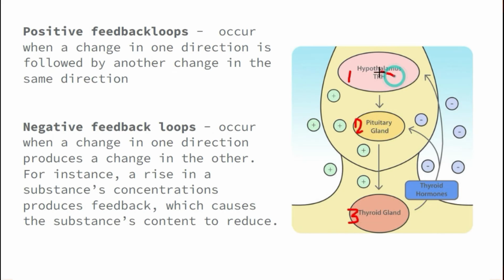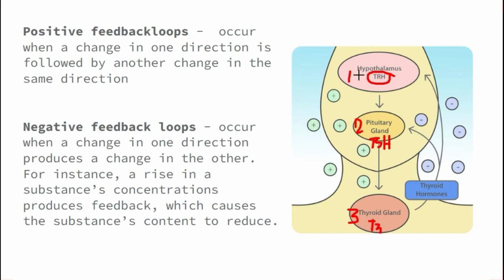Your hypothalamus produces the hormone TRH. This TRH po will stimulate your pituitary gland to produce the hormone TSH. And then, this TSH coming from the pituitary gland will stimulate your thyroid gland to produce thyroid hormones.